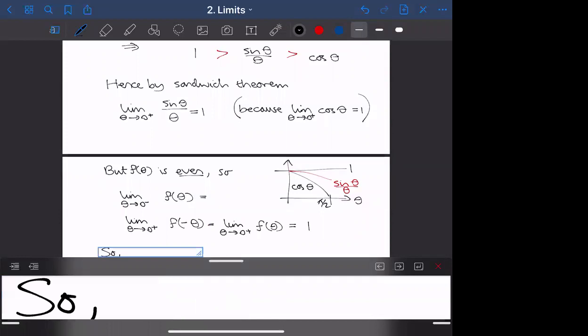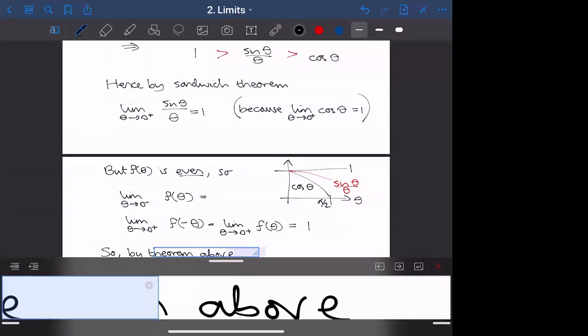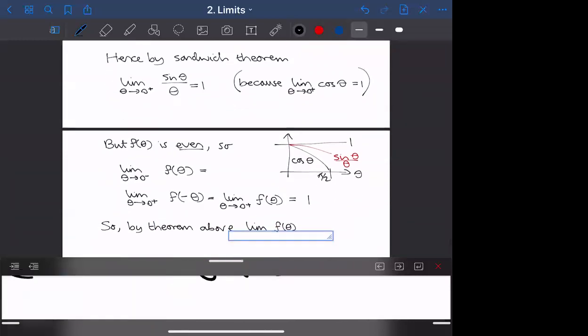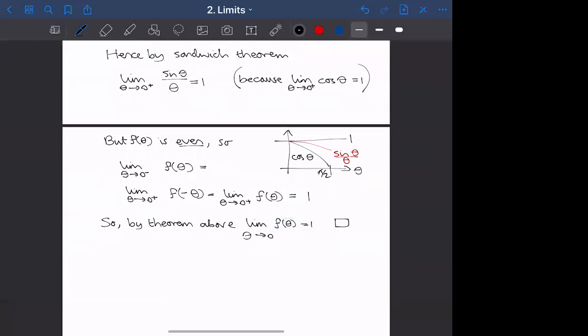So, by a theorem above, that if the limit from the left and the limit from the right exist and are the same, we get that the limit of f theta as theta goes to 0 is 1. So that completes the proof of the claim.